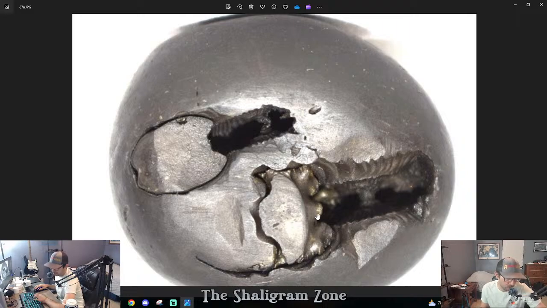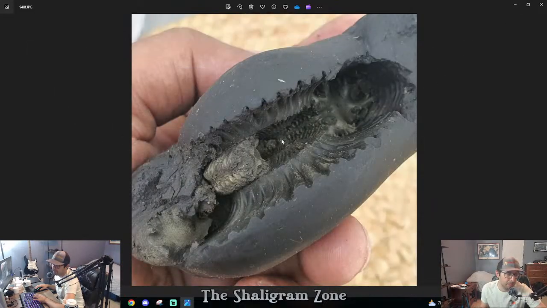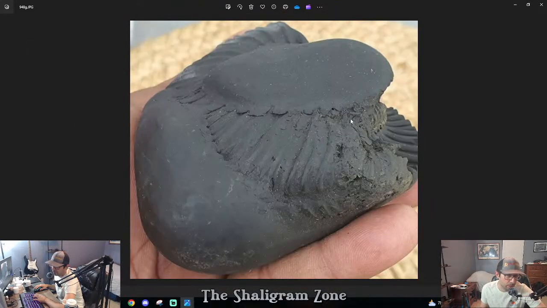Once it passes the resistance, it then comes back over here. There's probably also other resistances that make it so it doesn't just continue across. So this Shaligram is just incredible.